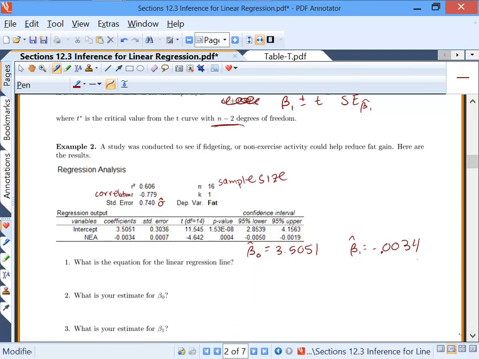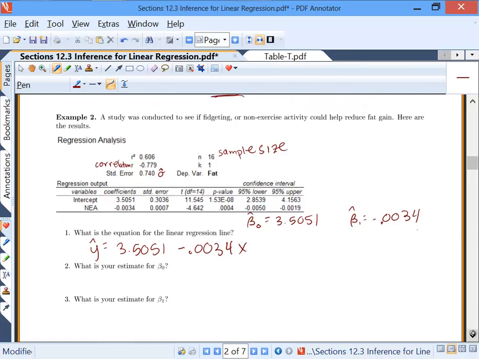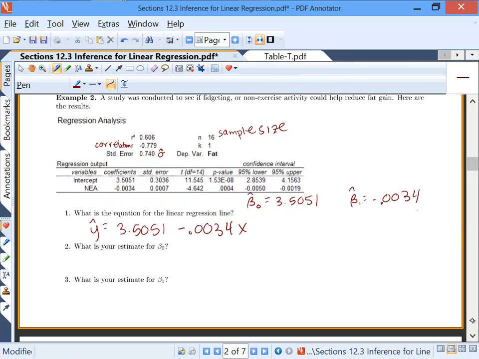So what is our equation for the linear regression line? You just have to pull everything off the chart. My intercept is 3.5051 plus my slope, so I guess minus 0.0034x. That's my estimate for my model, the equation for my regression line. What is your estimate for beta naught?